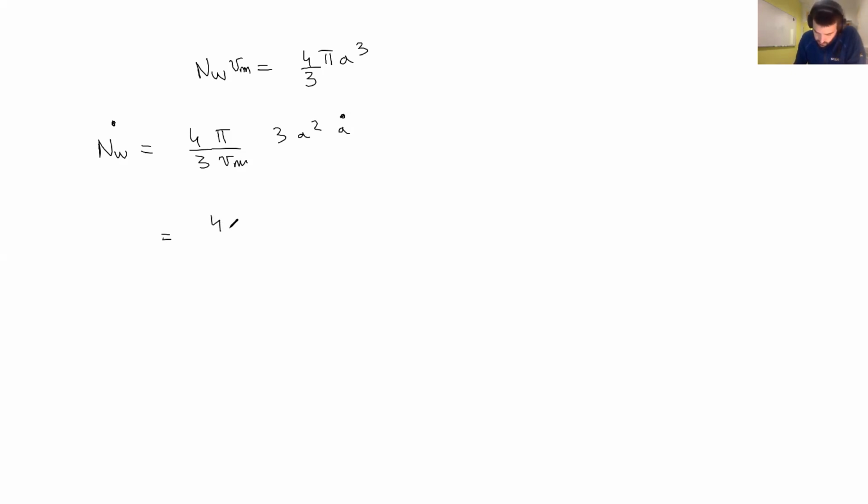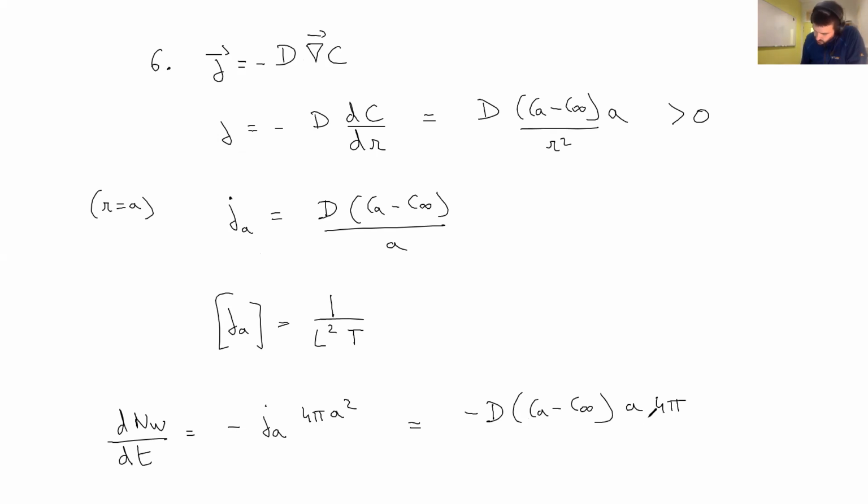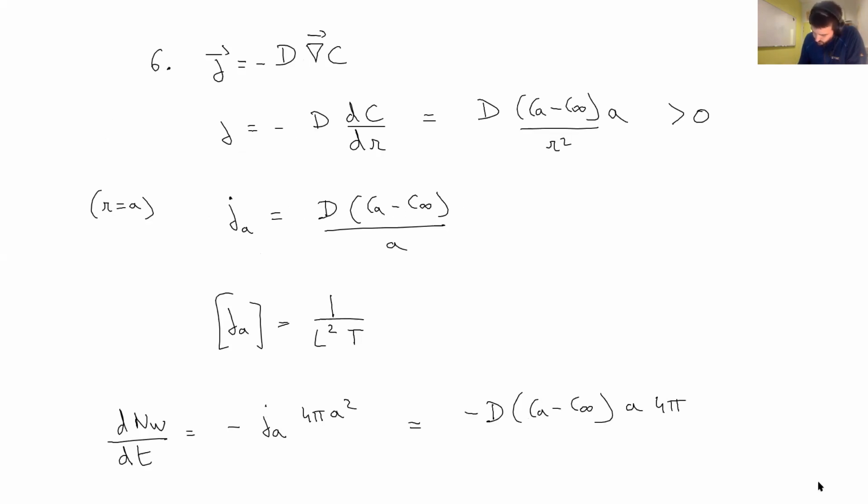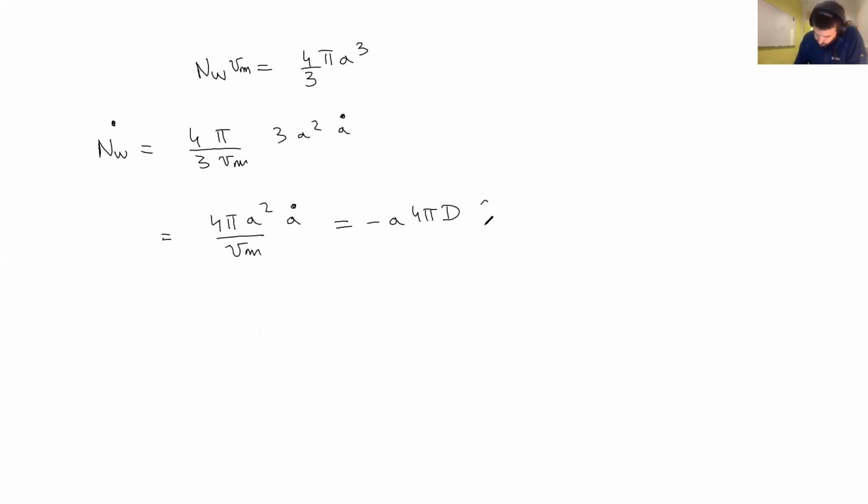So this is 4 pi a squared over Vm times a dot, and it should be balanced. Remember what is the expression of that? It's 4 pi D, there is a minus, Ca minus C infinity.